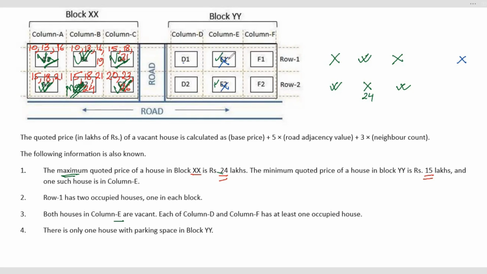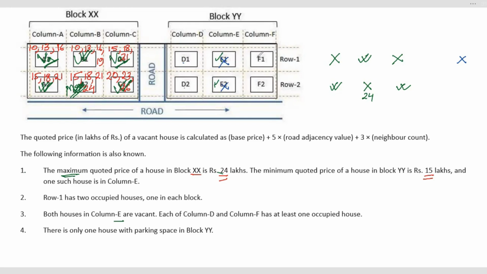Due to that reason, it is 13 plus 2, 15. Or this one will be our 15. If it is 15, then this is vacant, this is vacant, this is vacant. But if it is 15, then these two are vacant. One of them will be occupied.